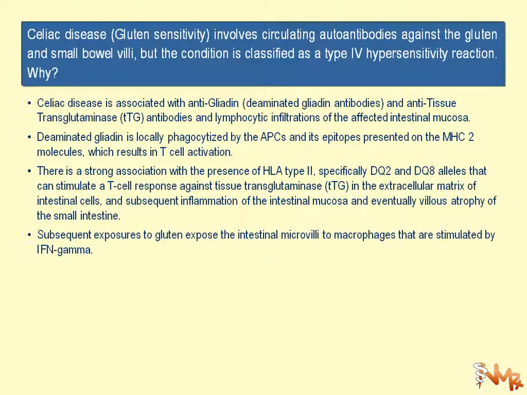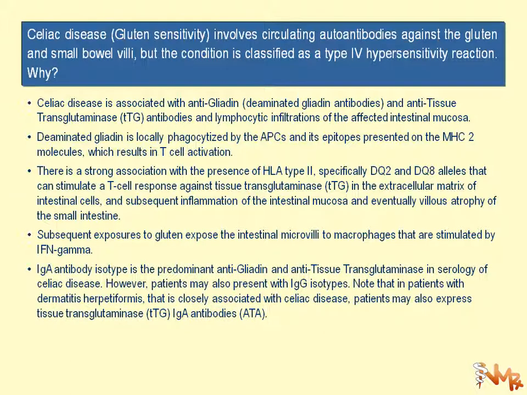Subsequent exposures to gluten expose the intestinal microvilli to macrophages that are stimulated by interferon gamma. IgA antibody isotype is the predominant anti-gliadin and anti-tissue transglutaminase in serology of celiac disease. However, patients may also present with IgG isotypes.